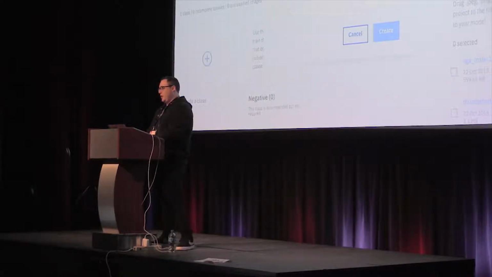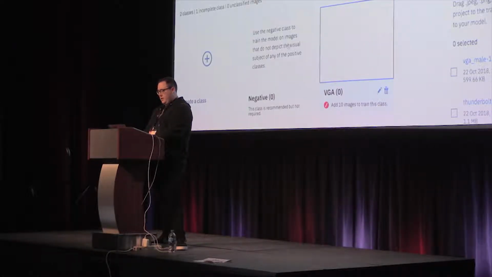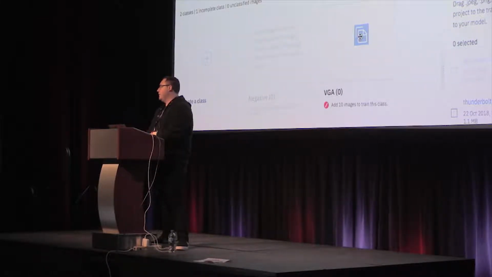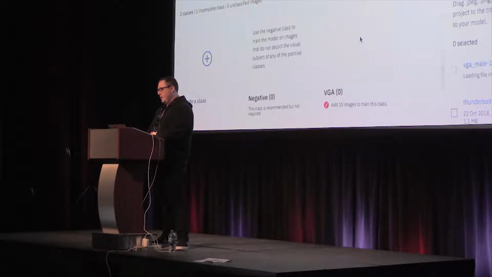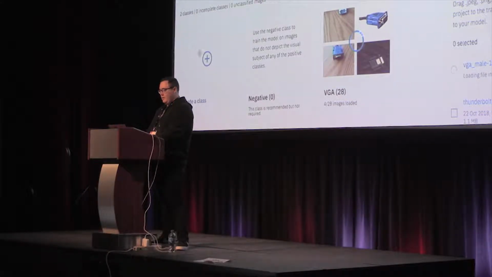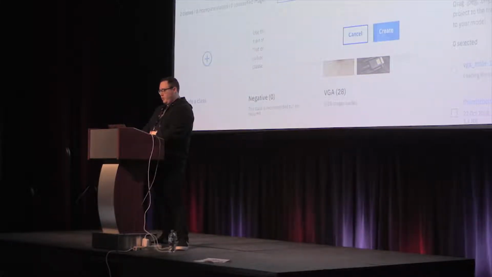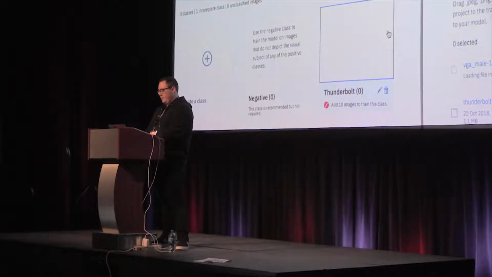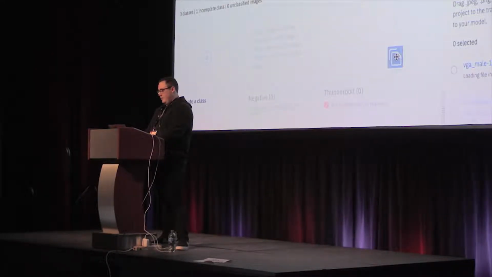So first, I'm going to create a class and call it VGA. And then on the right-hand side, I will just drag it in and add it to that new class that I just created. And you can see it's adding them. And now I'll create one called Thunderbolt and drag that in again.